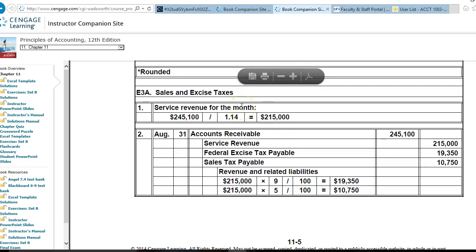Think about this. Sales are 100%, but between the two taxes, we added 14%. So if we take our 245.1, divide that by 1.14, that shows us the sales are just $215,000. Does that make sense?